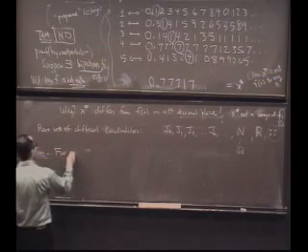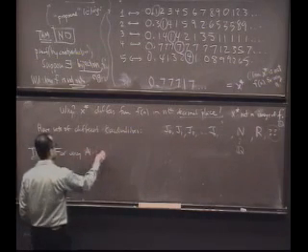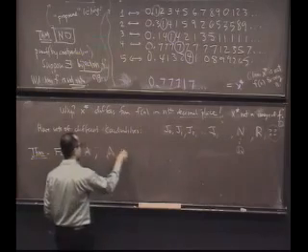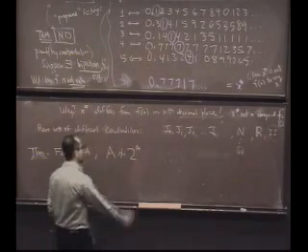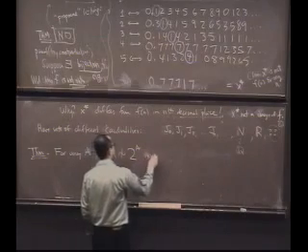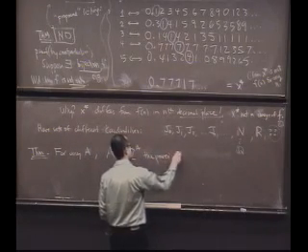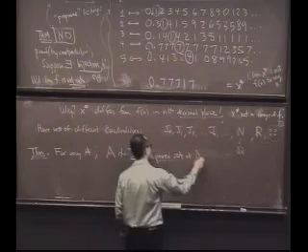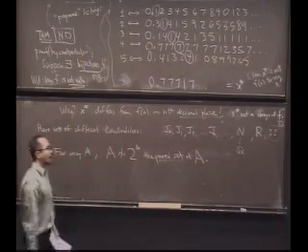So for any set A, the claim is A cannot be put into one-to-one correspondence with 2 to the A, the power set of A. What's the power set of A?